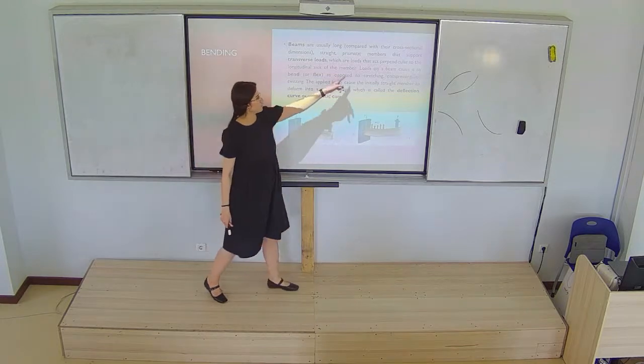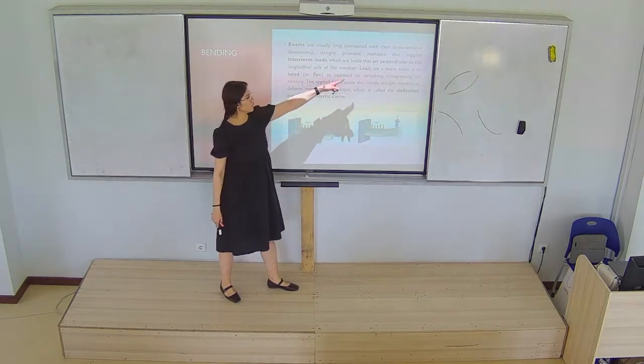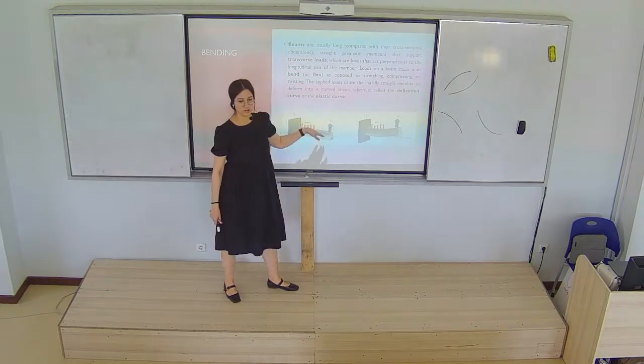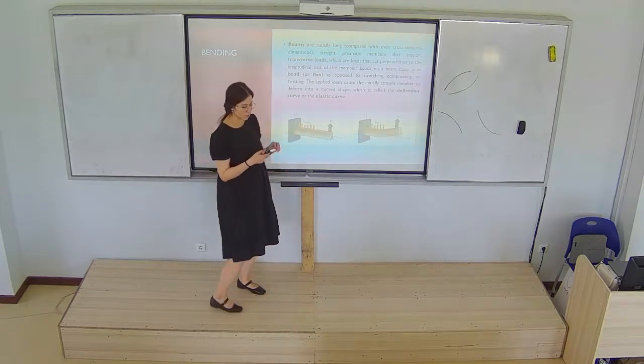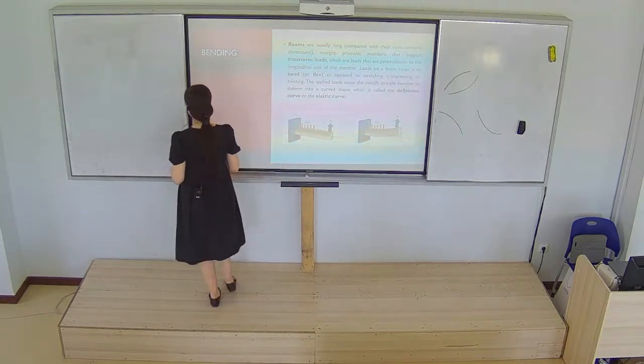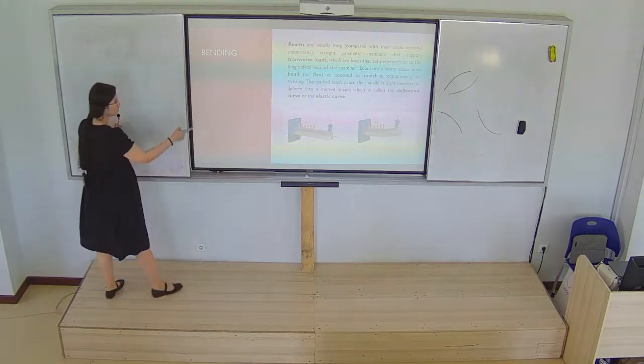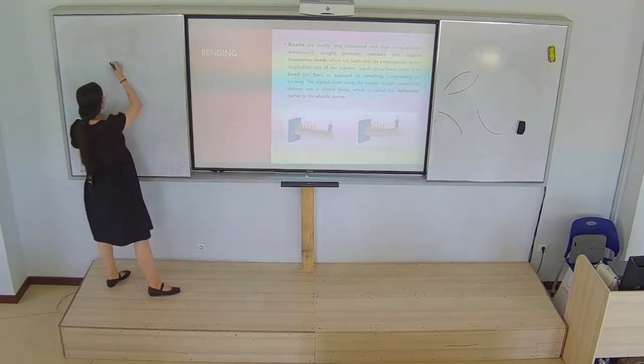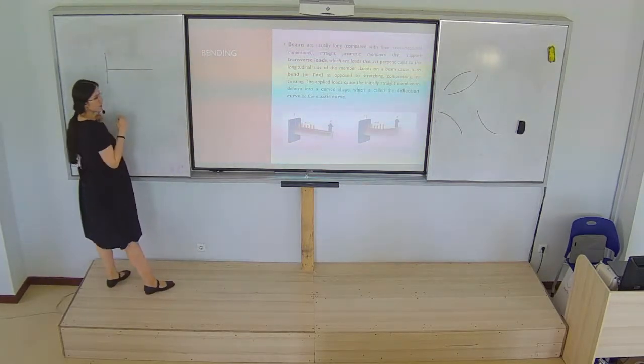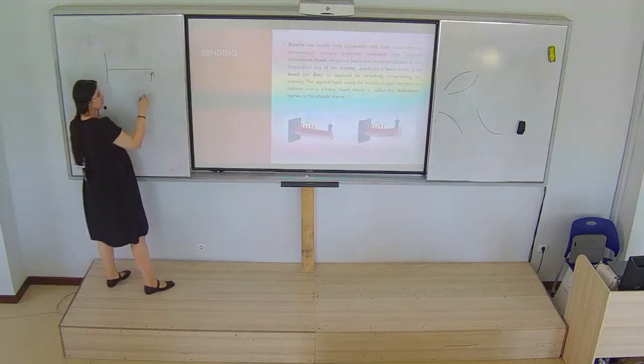Please write down this part, okay? Loads on a beam, starting from here and here. You don't need to draw the picture, but if I ask you to write down the definition of a beam, you should draw this one. You can draw it easily. This one is the cantilever beam. For example, P is affecting.